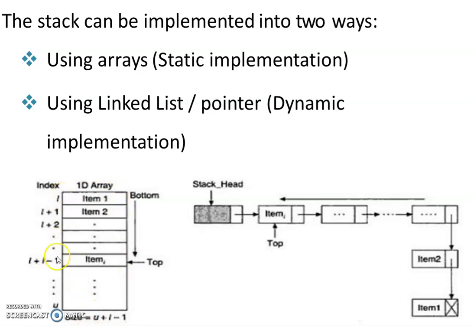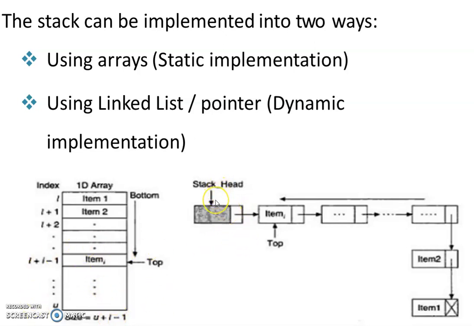We'll have the lower boundary and the upper boundary. The elements will be added to the topmost position and the stack pointer will be used to monitor the top always. We can determine the size of the array by using upper bound plus lower bound minus 1.